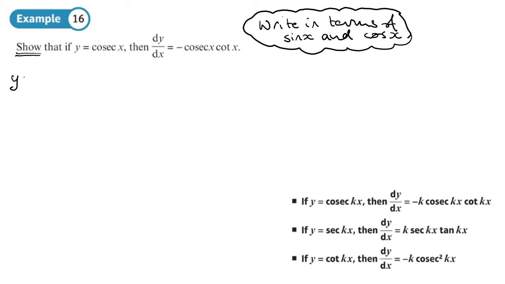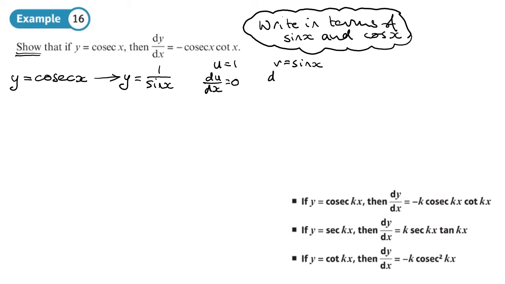And yes, we can. y equals cosec x, and cosec is the same as 1 over sine x. So here we have a quotient with u equal to 1 and v equal to sine x. So that means that du/dx is 0 and dv/dx is cos x.